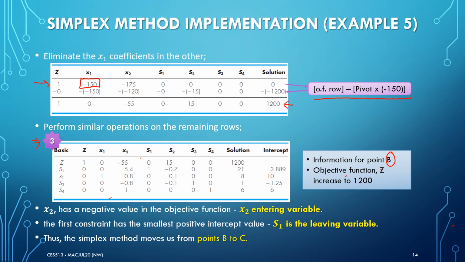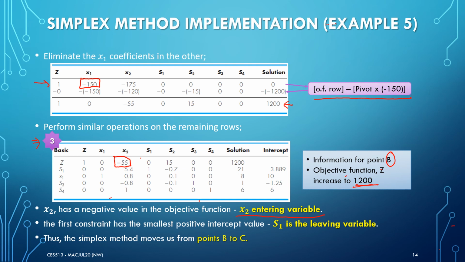This includes the fact that the move has increased the objective function to z equals 1200. The tableau can be used to chart our next step, or in our case, example 5, it is the final step. If we look here, only one more variable, which is x2, has a negative value in the objective function, and it is therefore chosen as the entering variable.